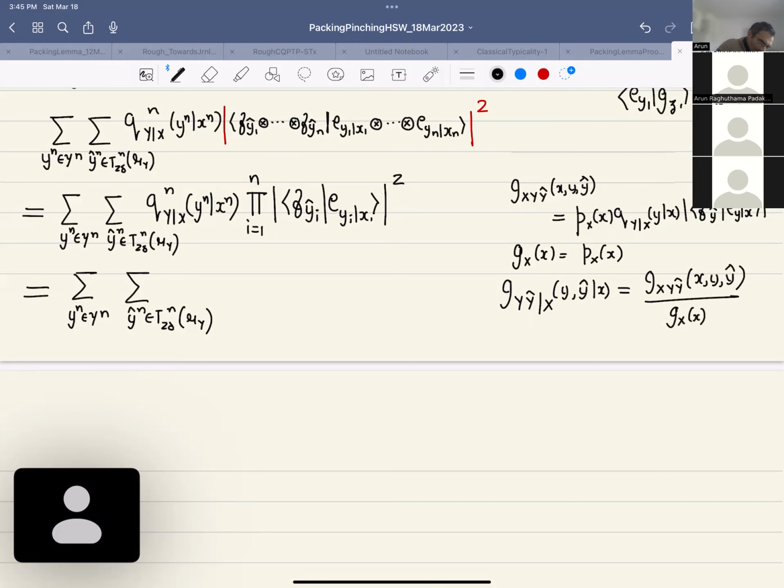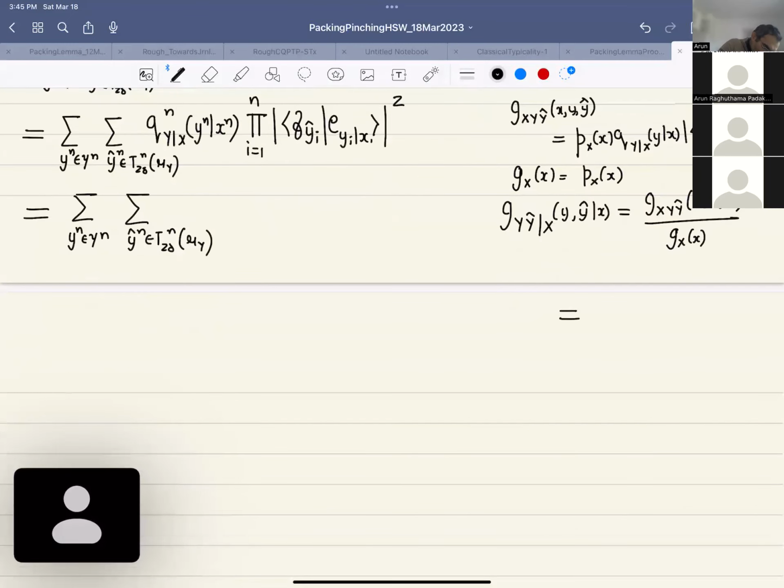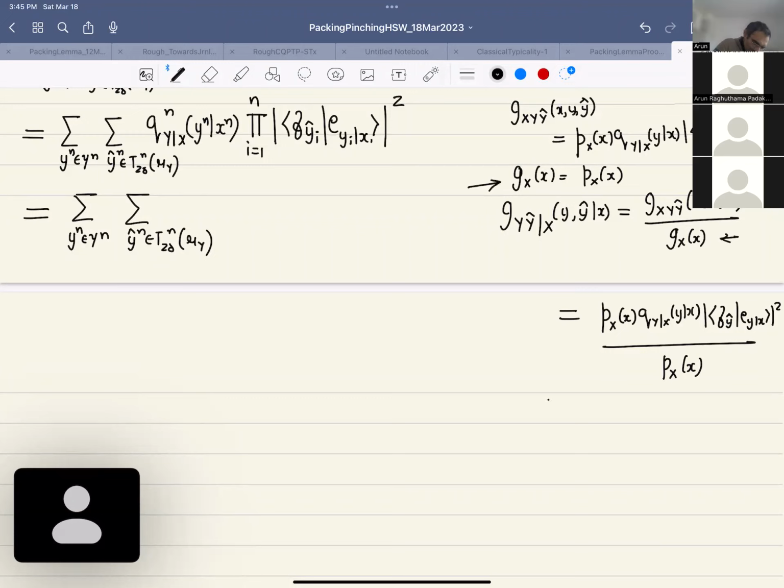That is the same as px of x times qy given x of y given x times fy hat given ey given x, divided by px of x. So I have substituted for this, and for this I've substituted this. So that means I get qy given x of y given x times fy hat given ey given x norm squared.